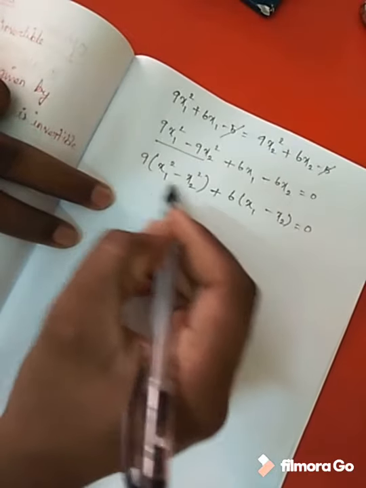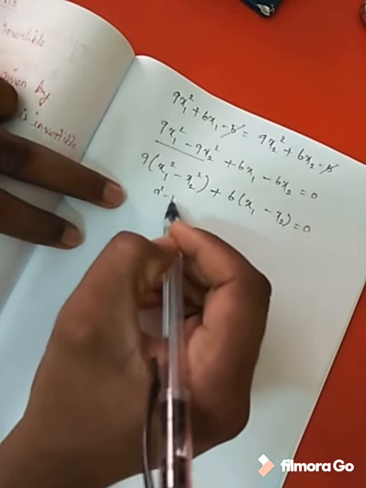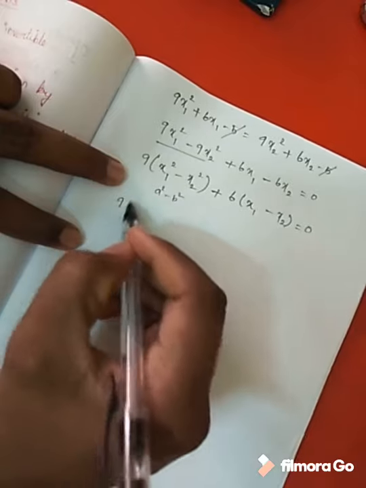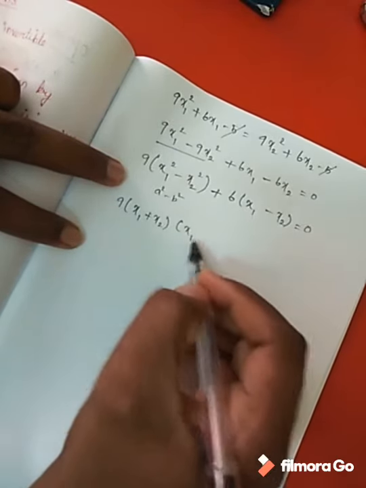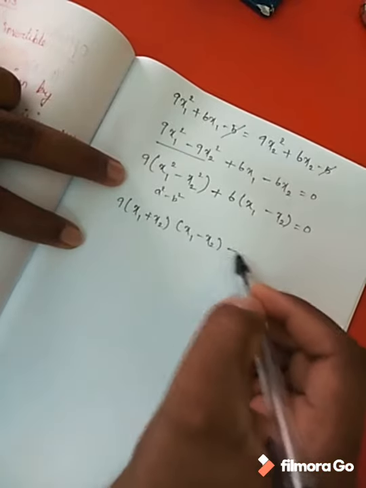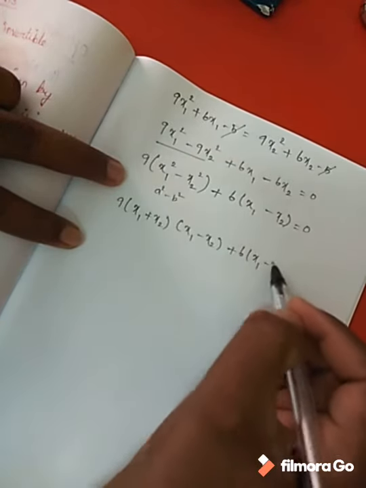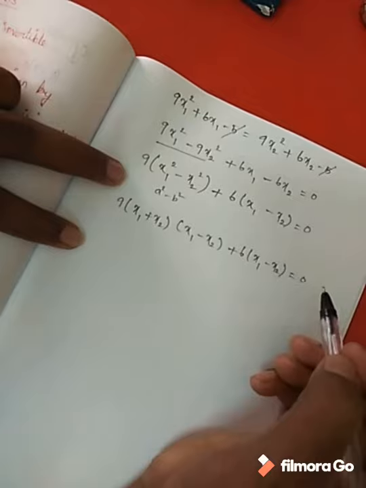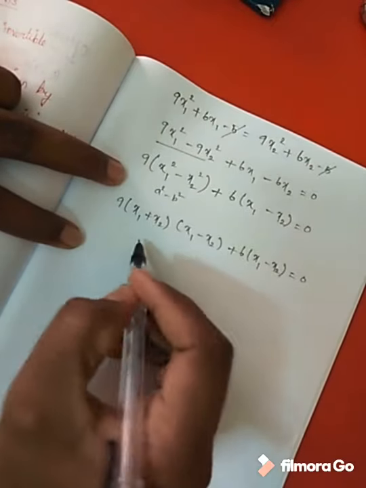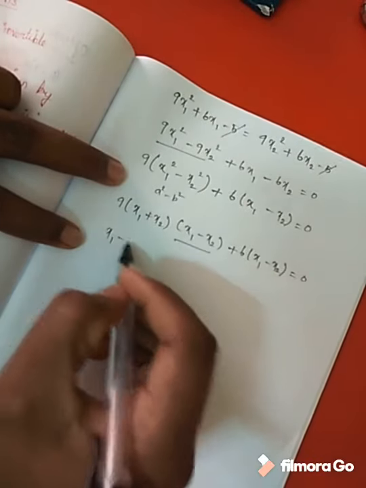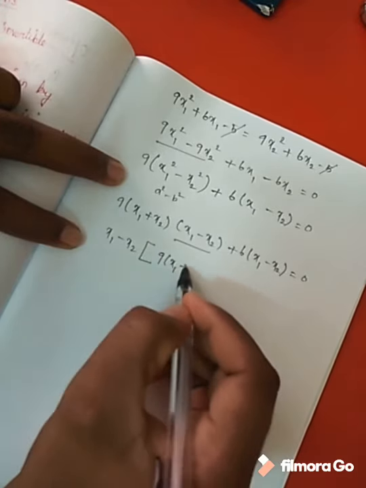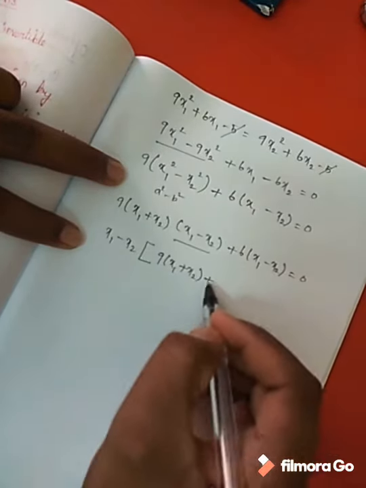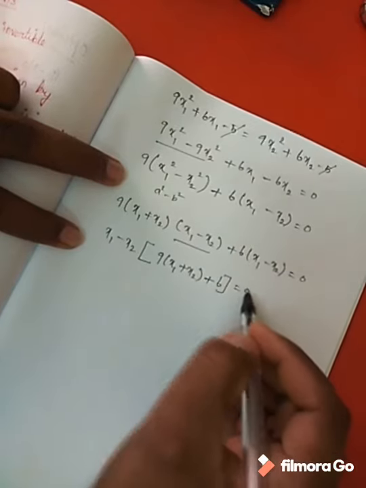Next, using the identity a² - b², we can expand this as 9(x1 + x2)(x1 - x2) + 6(x1 - x2) = 0. I am going to take (x1 - x2) common, so the remaining is (x1 - x2)(9(x1 + x2) + 6) = 0.